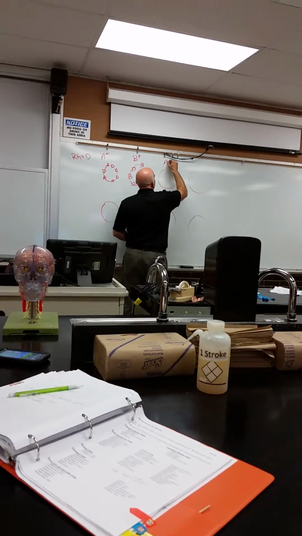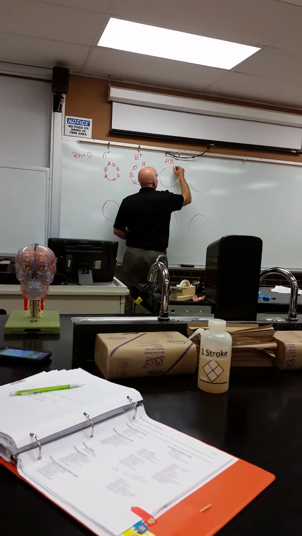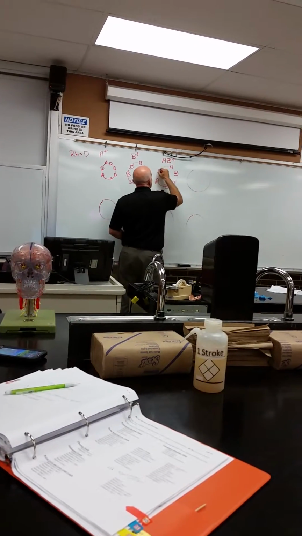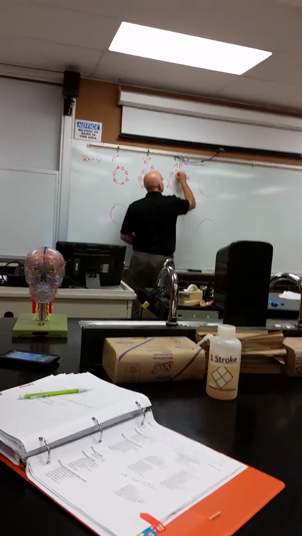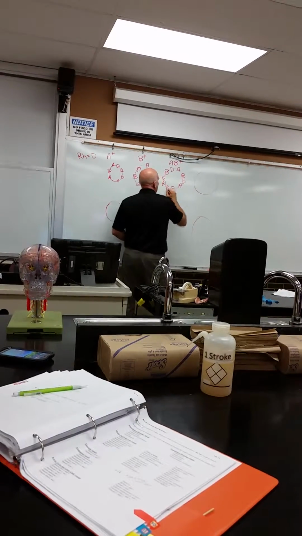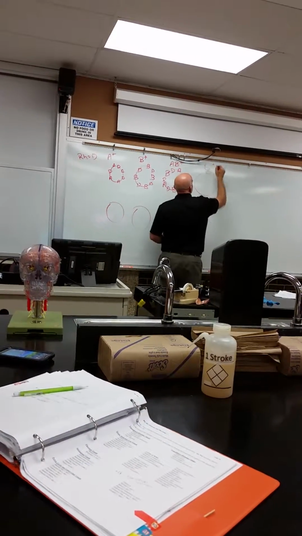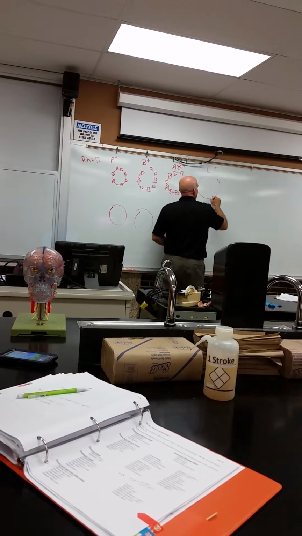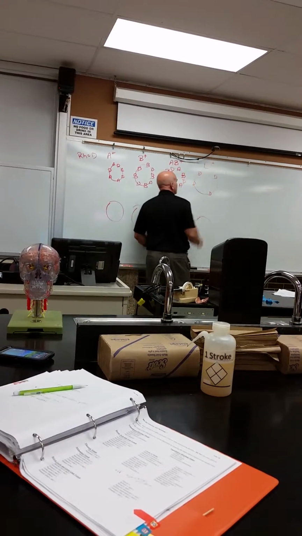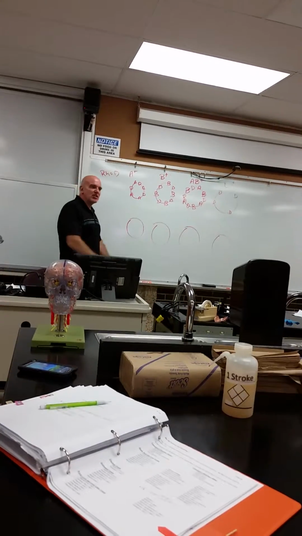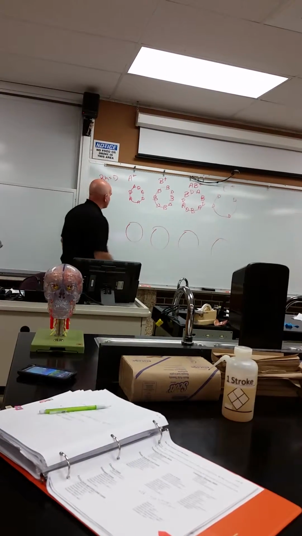If you are AB positive, you have A and B antigens and D antigens. And if you are O positive, you only have D antigens. These are antigens sticking off your red blood cells.